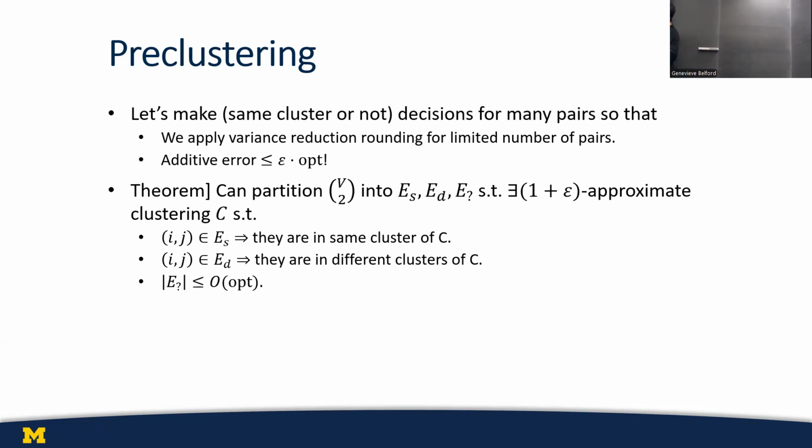And of course, question mark means we don't know yet; we have to do fancier things to decide the fate of these pairs. We just partition V choose 2 into 3 categories, and there exists a near optimal, 1 plus epsilon approximate solution that is consistent with our decision. So we basically partially solve this problem, while leaving at most order opt undecided pairs.